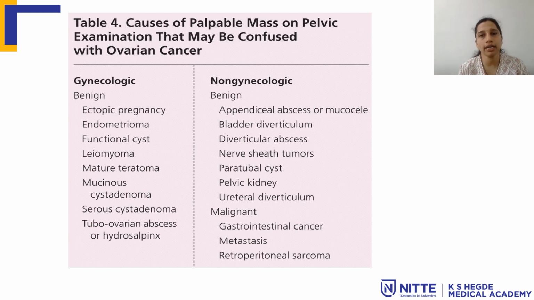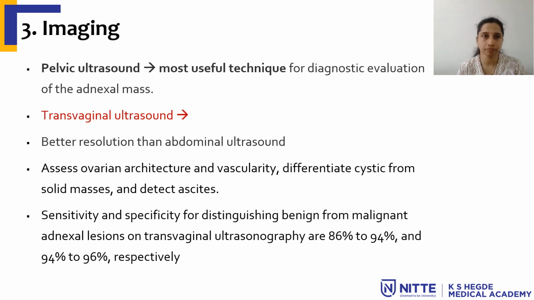Among non-gynecological differentials, the most important one is appendiceal abscess, or it can be diverticular abscess, some nerve sheath tumor, paratubal cyst, or pelvic kidney, or some malignancy from the gastrointestinal tract. So these are the set of differentials for pelvic mass.